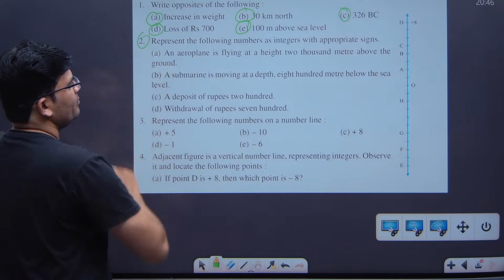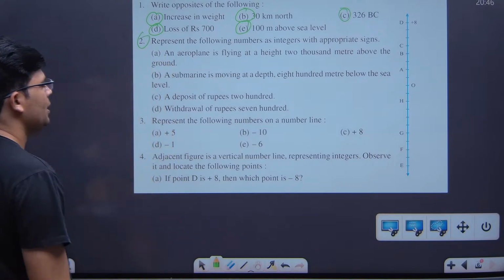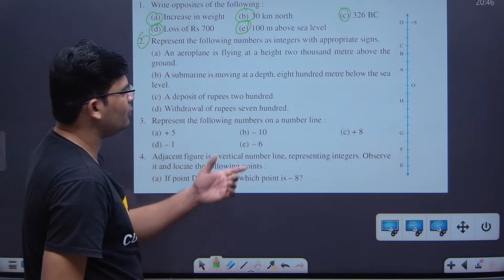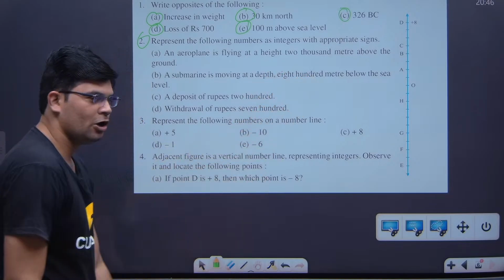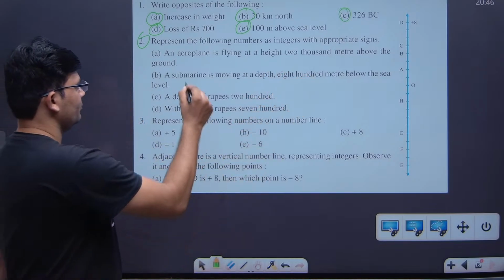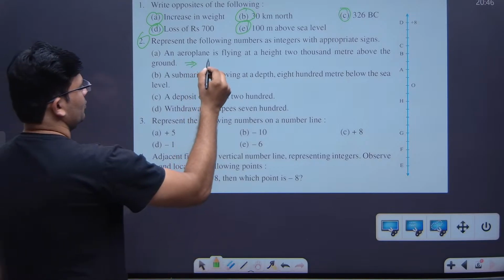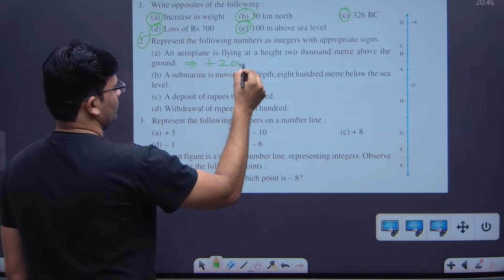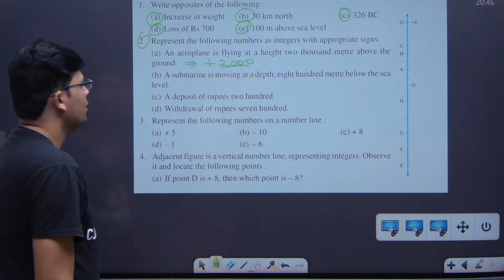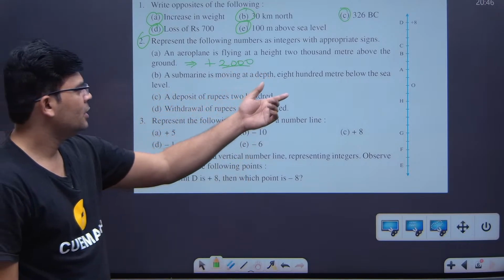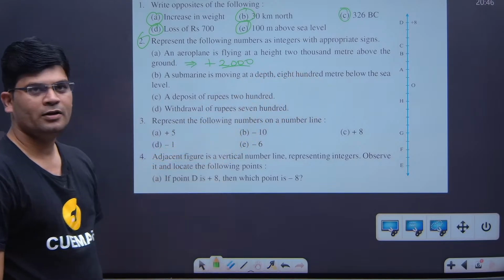Represent the following numbers as integers with the appropriate sign. An aeroplane is flying at a height of 2000 meter above the ground. How will you represent it? Plus 2000. Okay. A submarine is moving at a depth of 800 meter below the sea level.